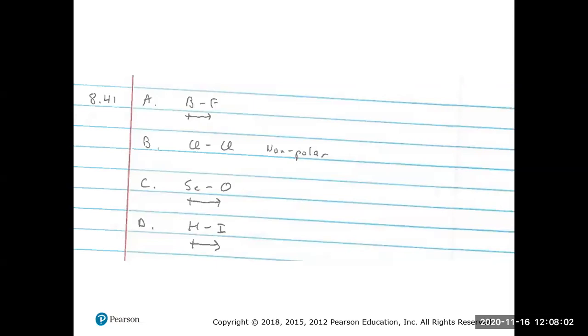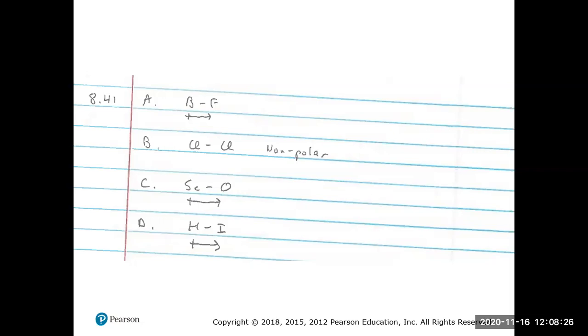Of these, the only one that is not polar is the ClCl. So the chlorine one, and that's the case where if you ever have 2 of the same element, that by definition is nonpolar because it's the same element. So you're not going to have one atom be more electronegative than the other.